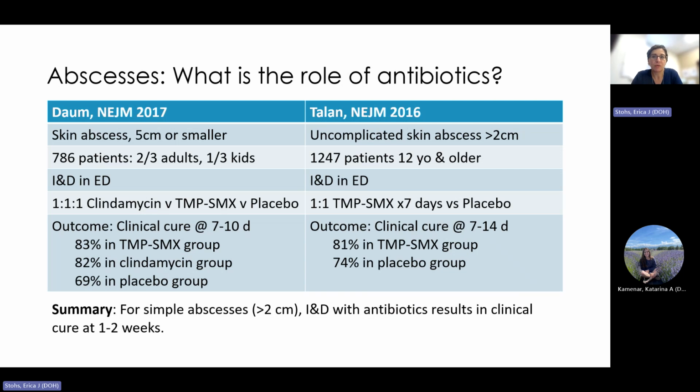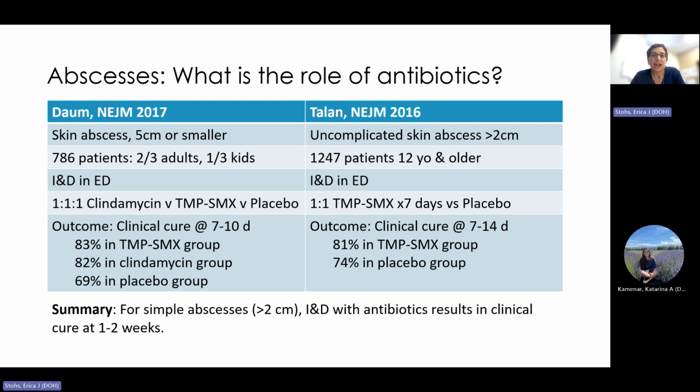There were two randomized controlled trials in 2016 and 2017 that looked at small to medium-sized abscesses. The Daum 2017 study looked at abscesses 5 centimeters or smaller, whereas Talan and investigators looked at skin abscesses greater than 2 centimeters. So we're looking in that 2 to 5 centimeter range here.